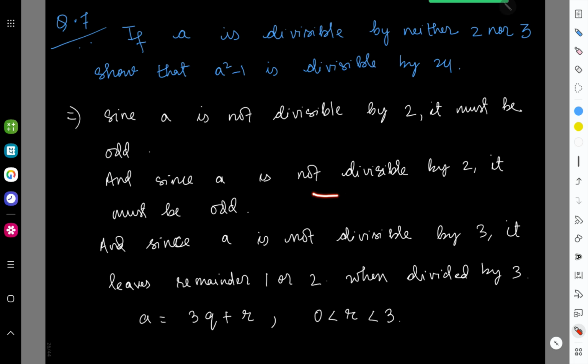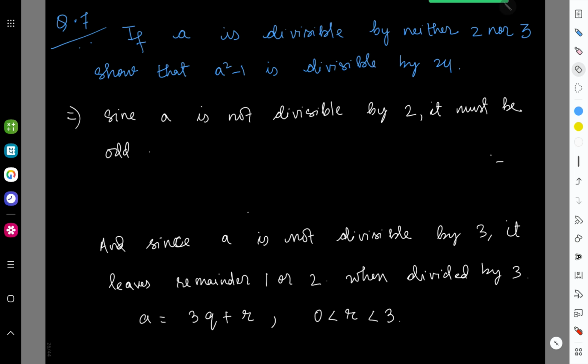And since a is not divisible by 3, it leaves remainder 1 or 2 when divided by 3, because a is equal to 3q plus r.